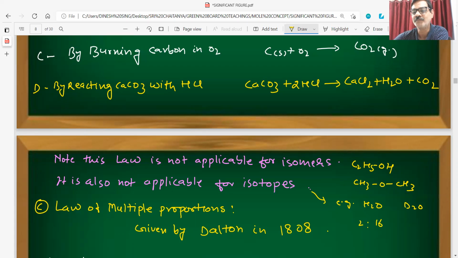But here it is 4:16, because atomic mass of deuterium is 2. So this law is not applicable for isotopes. Is it clear to everybody? So we have 2 limitations, because we cannot apply this law for isomers and for isotopes. I think everybody understood this.